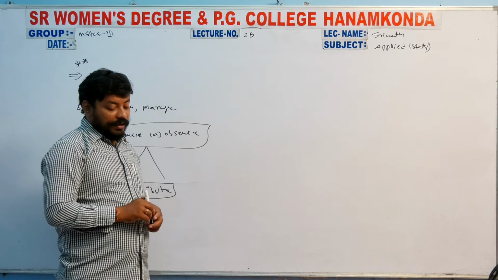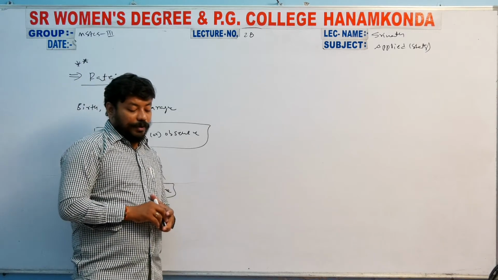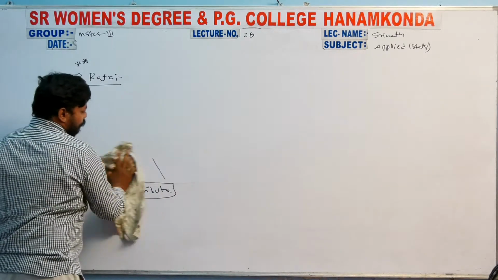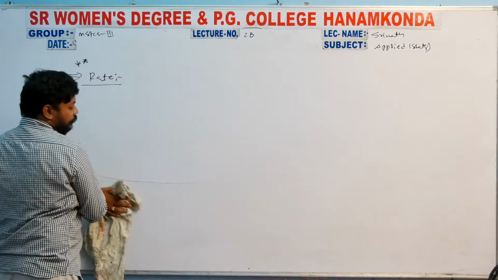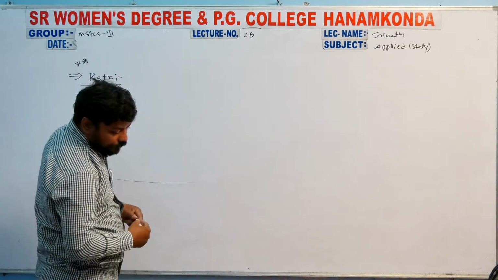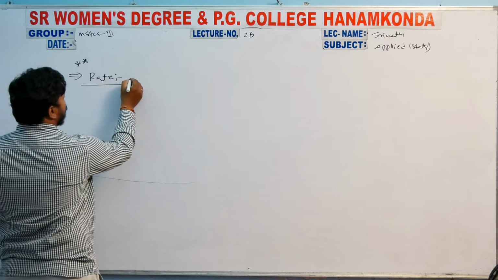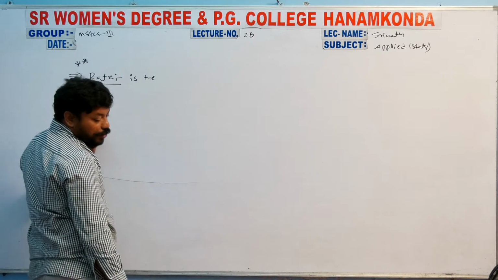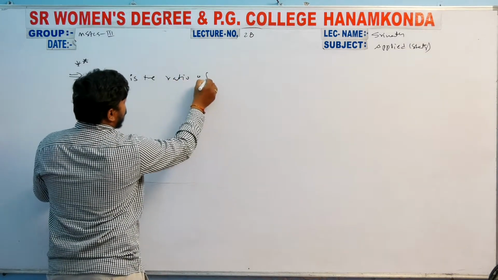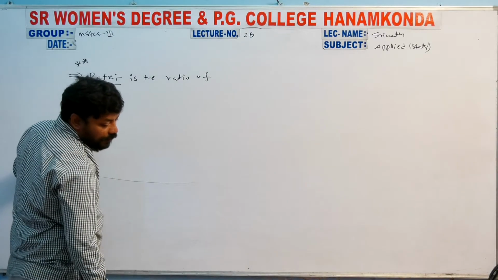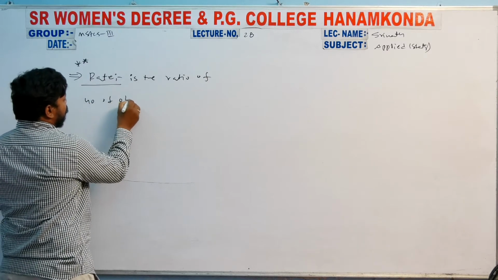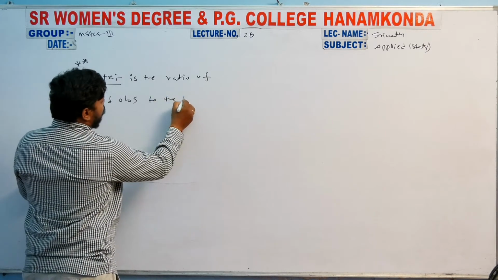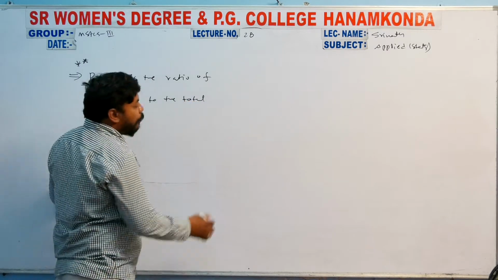A rate is the ratio of number of observations to the total population size.